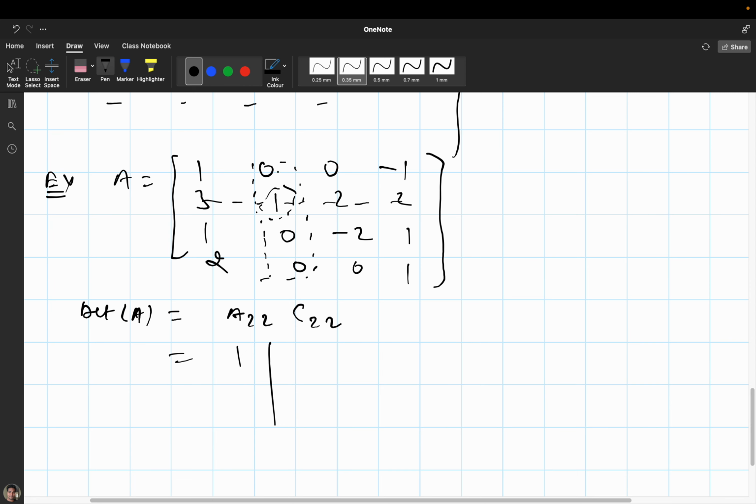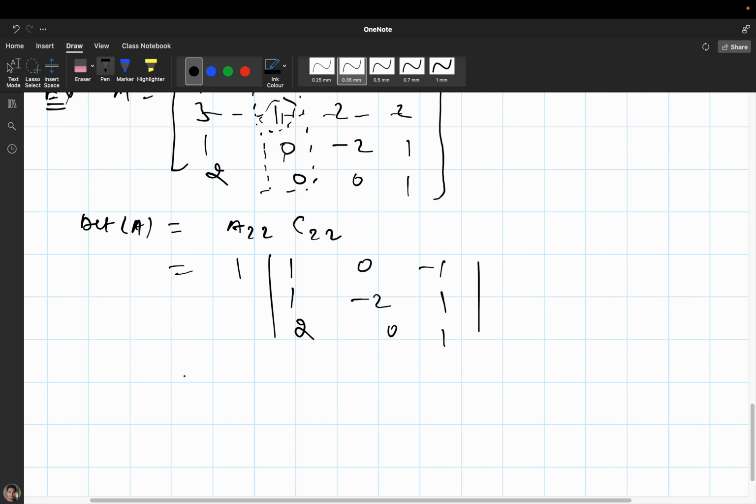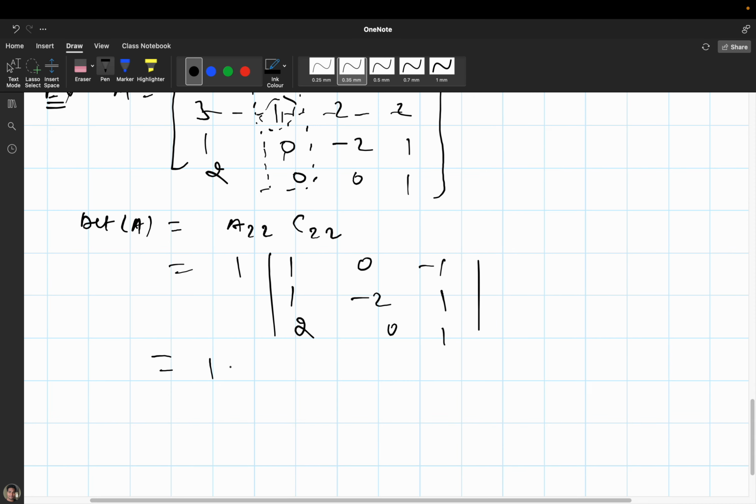Just ignore this row and column, so we get 1 0 minus 1, 1 minus 2 1, 2 0 1. Again we have to determine the determinant of this.